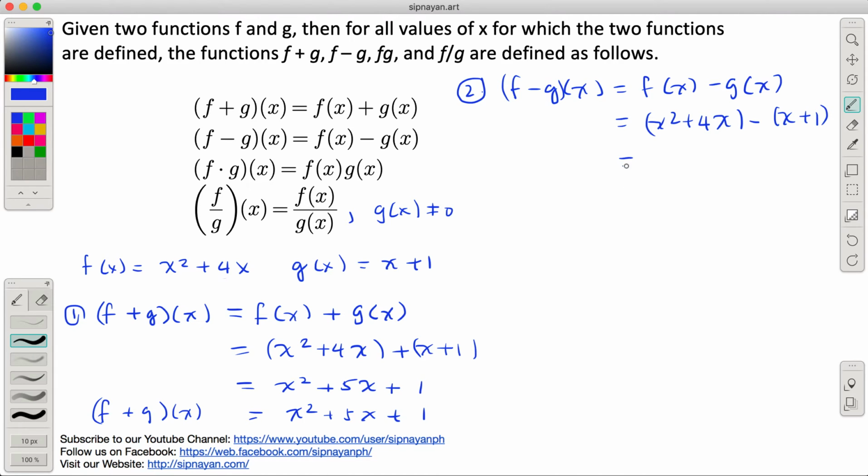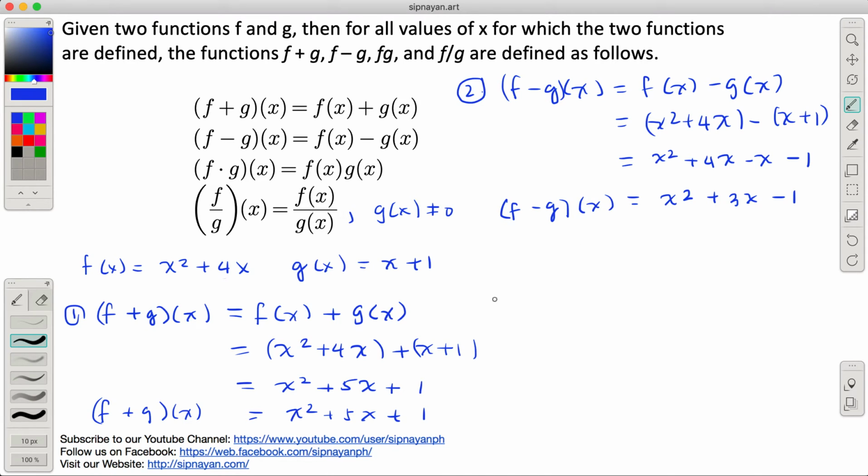So tanggalin natin yung parentheses. This becomes x squared plus 4x minus x minus 1. And this is equal to x squared plus 3x minus 1, di ba? 4x minus x is 3x. So this is f minus g of x.